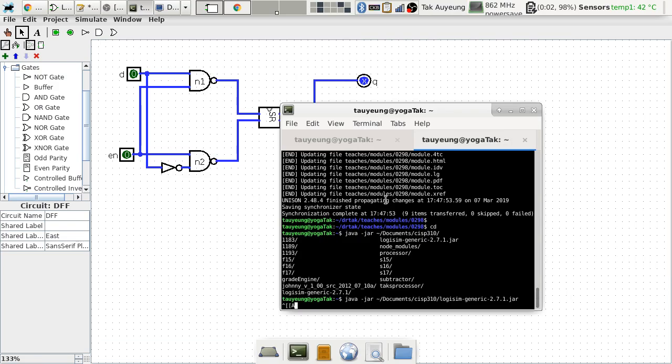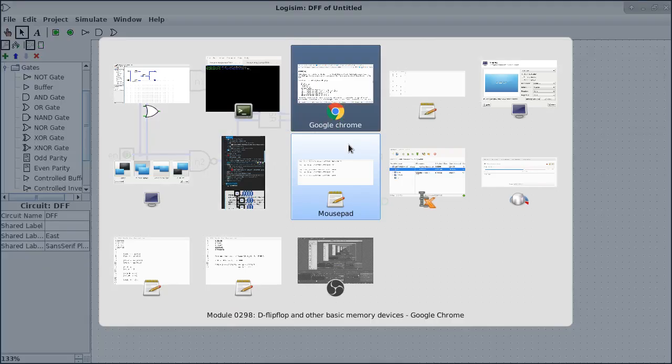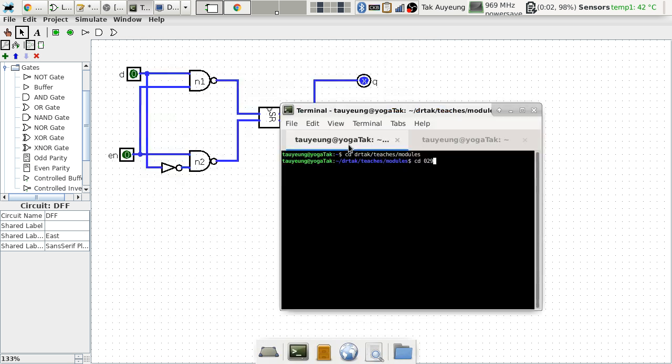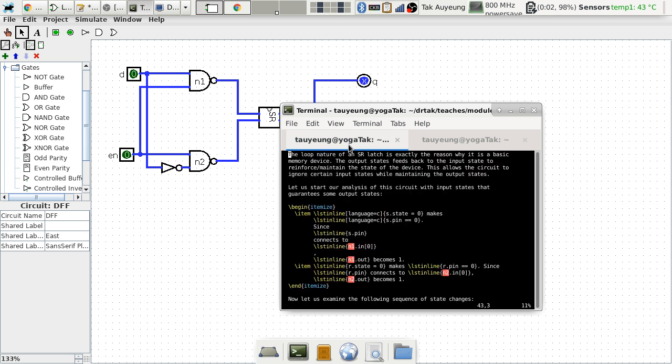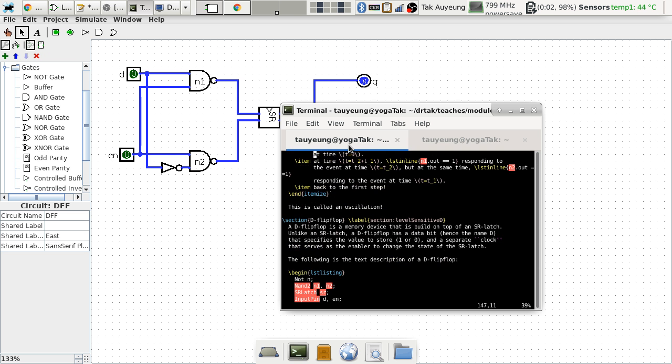Okay, so go back to the notes, and go back to the first terminal. We need to look for D flip-flop.